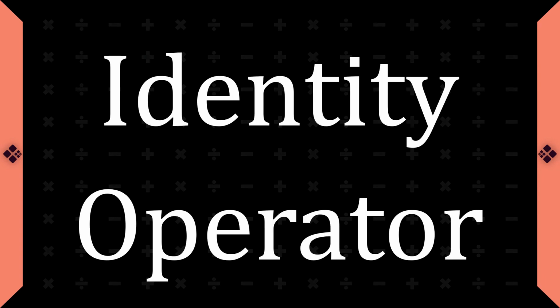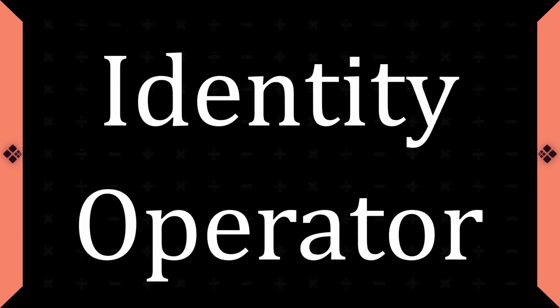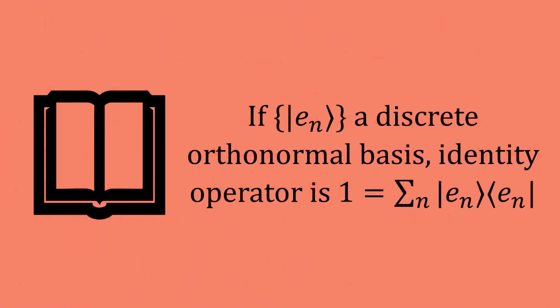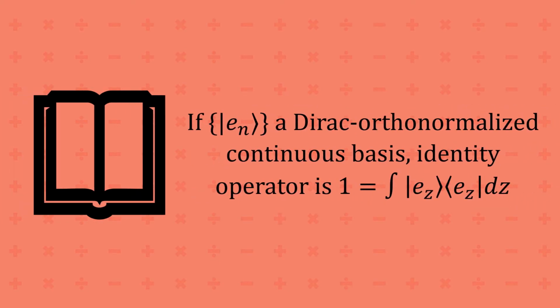Now let's define the projection operator. The projection operator onto the one-dimensional subspace spanned by the ket alpha is equal to the ket alpha with the bra alpha, and it picks out the portion of any other vector that lies along ket alpha. This allows us to define the identity operator.